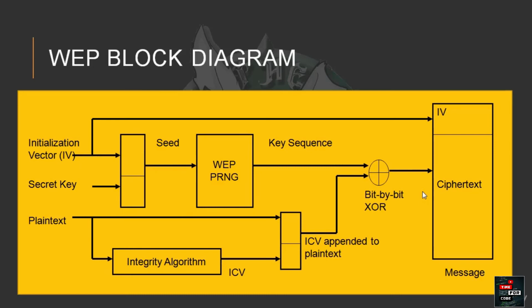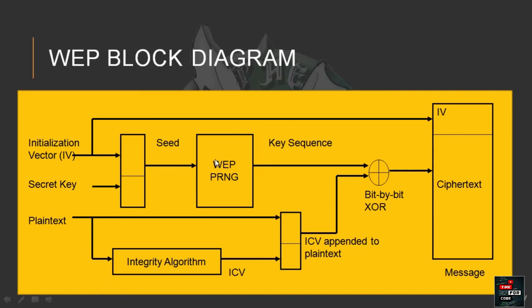Here's a block diagram of how WEP works. Let's take a look at this top part first. This is the preparation for encrypting the plain text. We have the initialization vector as I mentioned and the secret key, so 40 bits or 104 bits of secret key and then 24 bits of initialization vector.